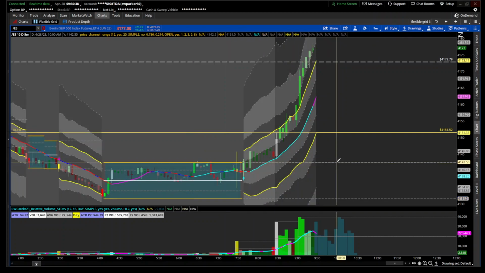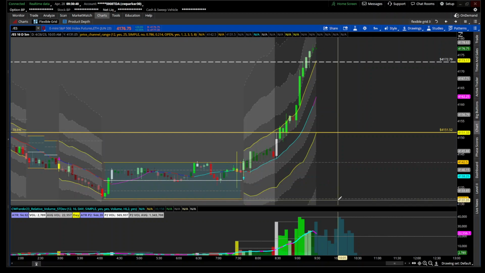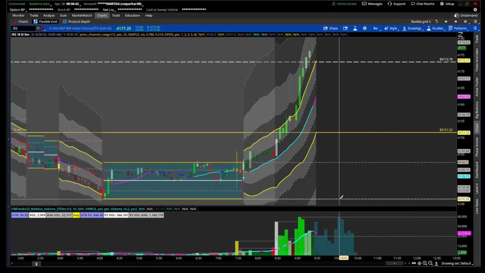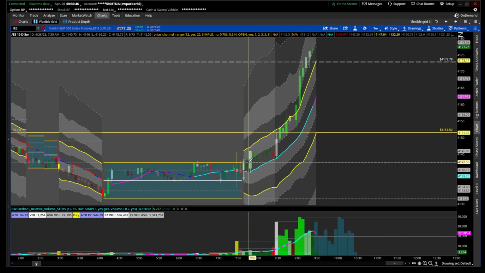It's called the past high low range, and it'll show up once this is actually broken, so you can still see where the original high of the range was and you're not trading without it.